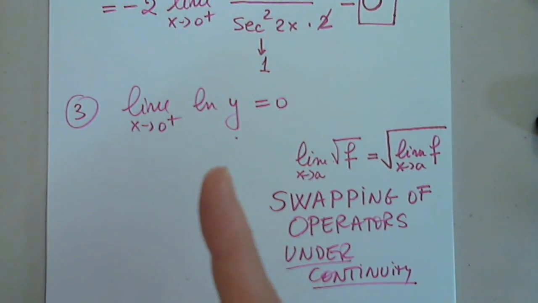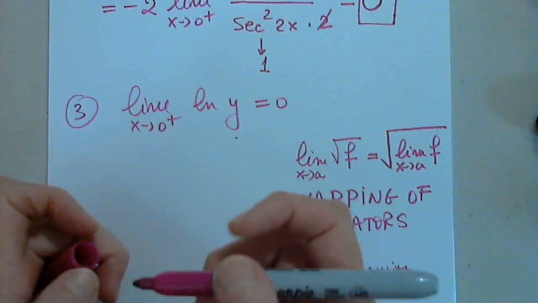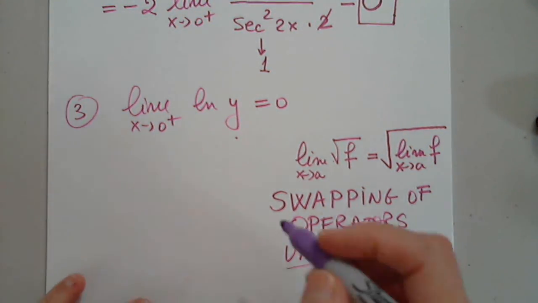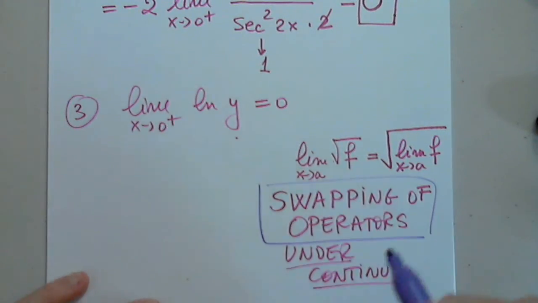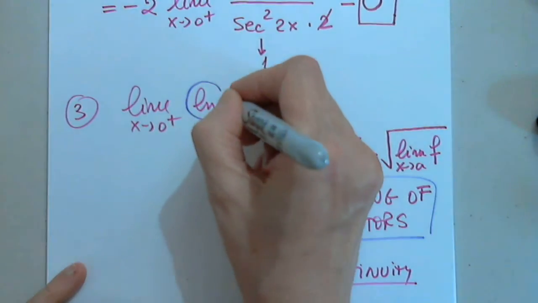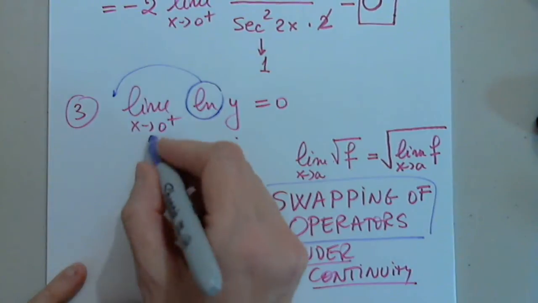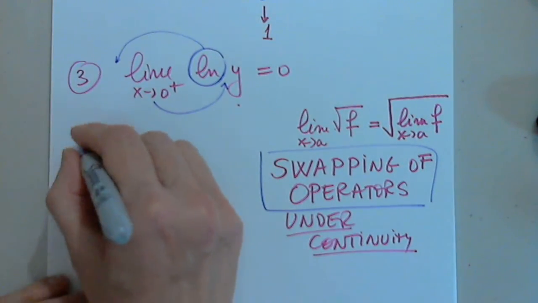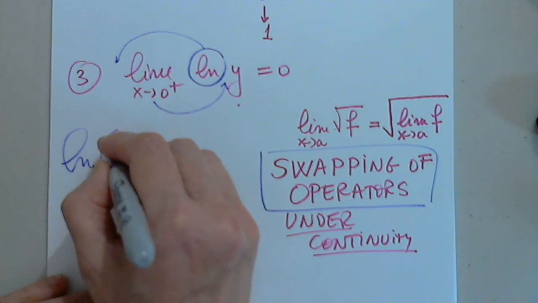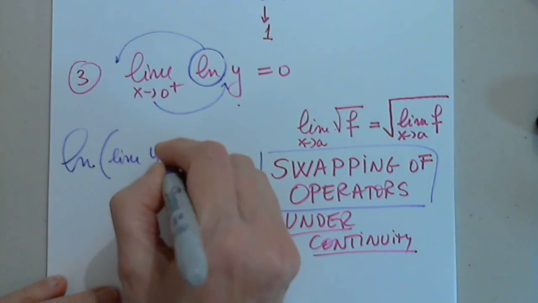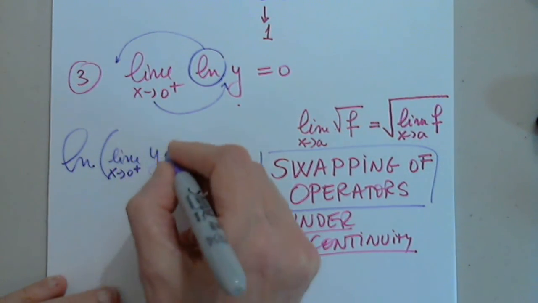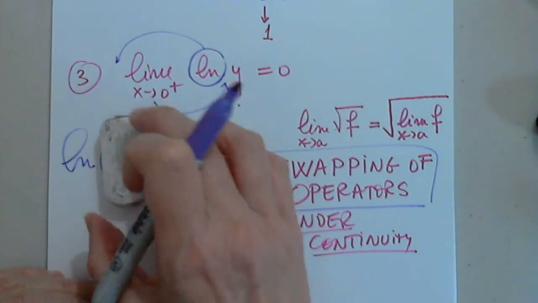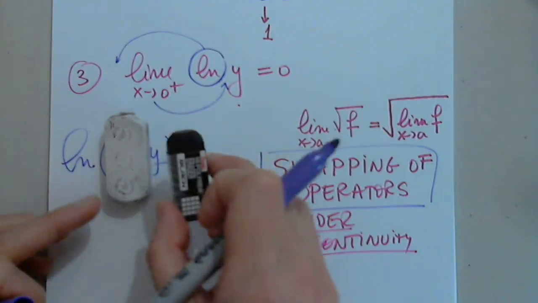So what do you think I'm going to do here? I'm going to swap the operators. I'm going to put this operator outside and this operator inside. So I have natural log of the limit of y as x approaches 0 from the right is 0. And I'm going to ask you, what could this be?